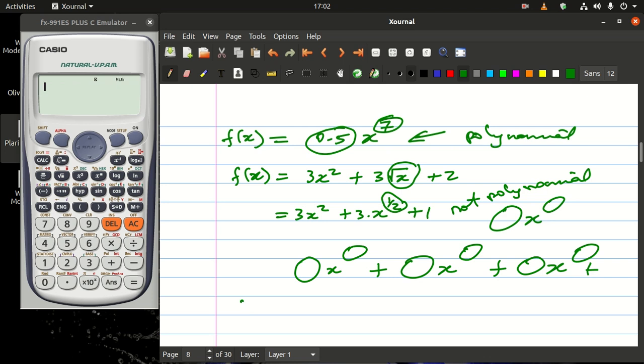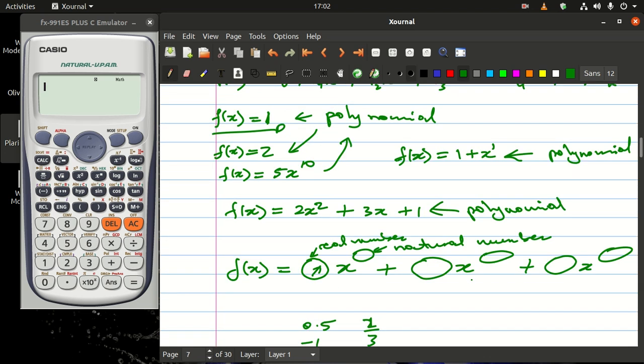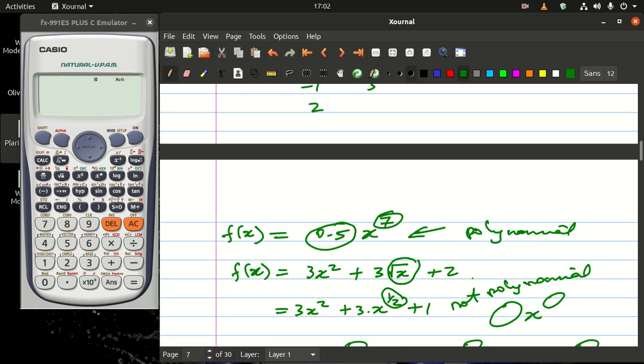Even in the case of having f of x is equal to 10, for instance, this is equal to 10 x to the power 0. X to the power 0 is 1, so this is just 10. So this one is a polynomial. This is how you look at polynomials.